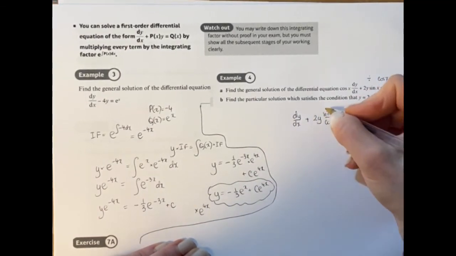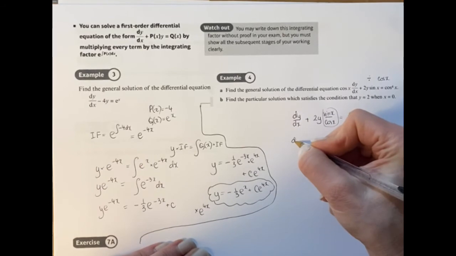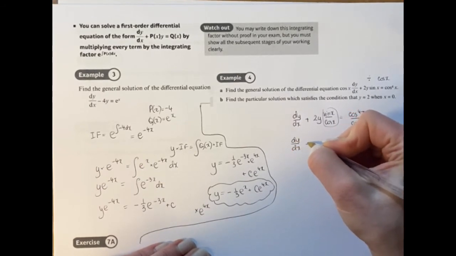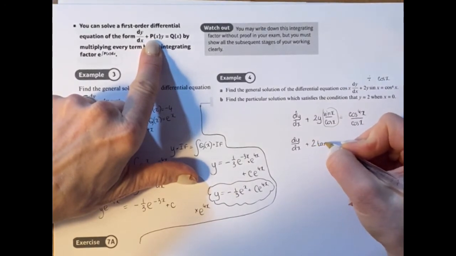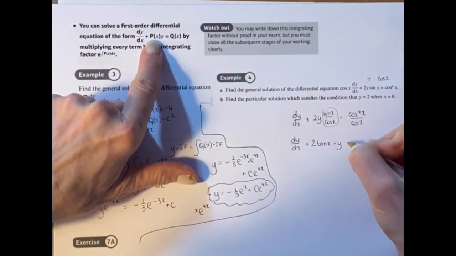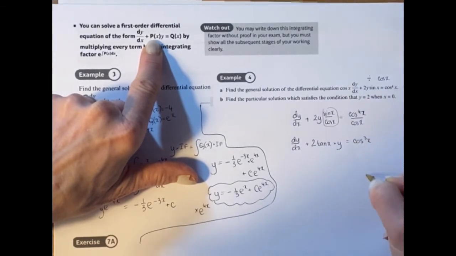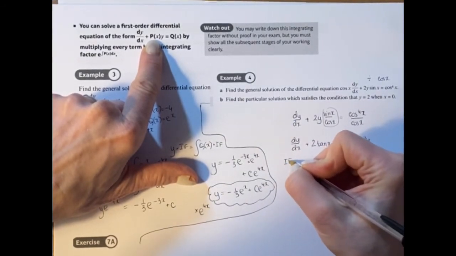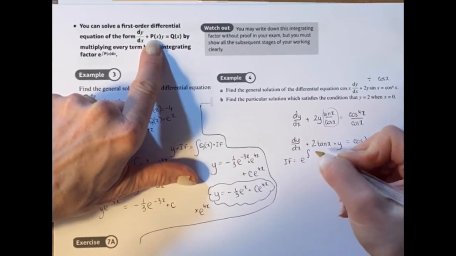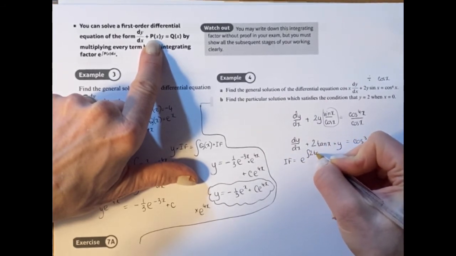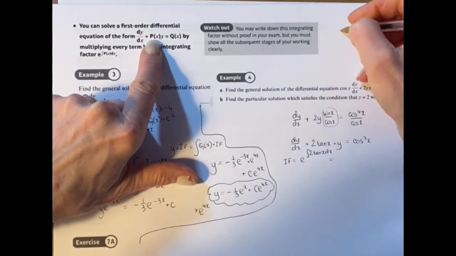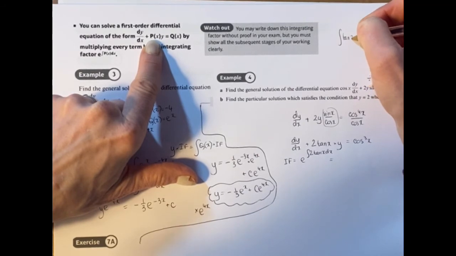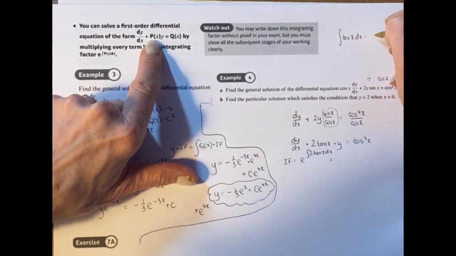So this here is equal to tan x, so you've got dy/dx plus p of x is going to be 2 tan x times y, and over here one of the cos's will cancel, so you've got cos cubed x. So the integrating factor is e to the power of the integral of 2 tan x dx. Now tan x integrates, and that's from the formula booklet, to ln sec x.